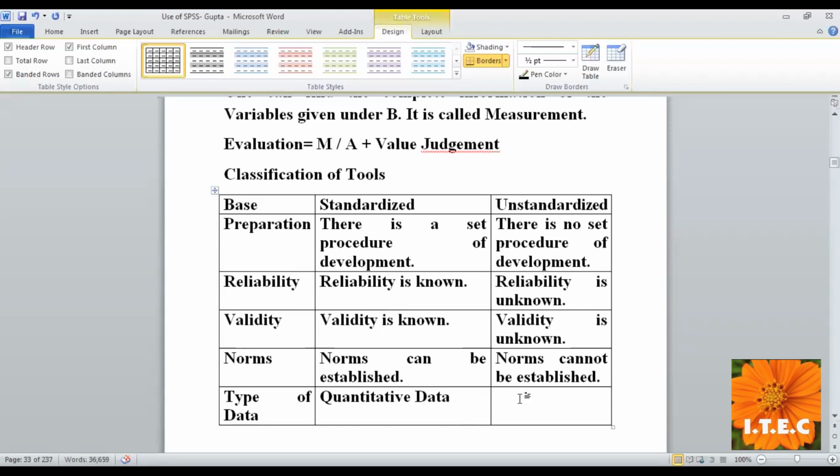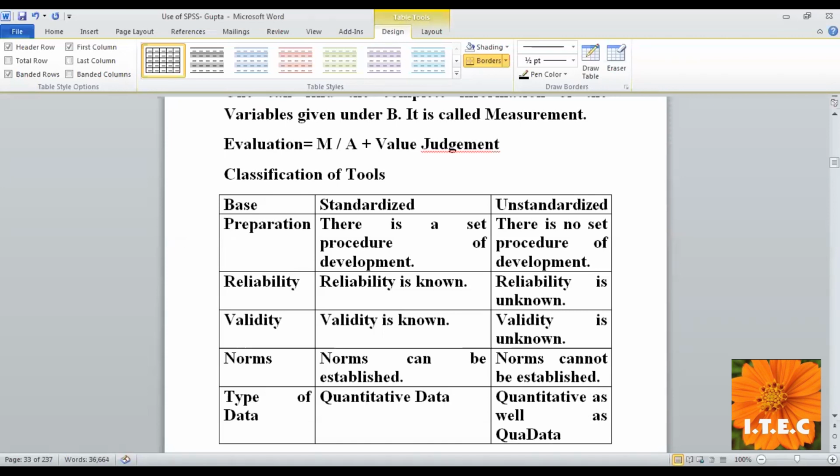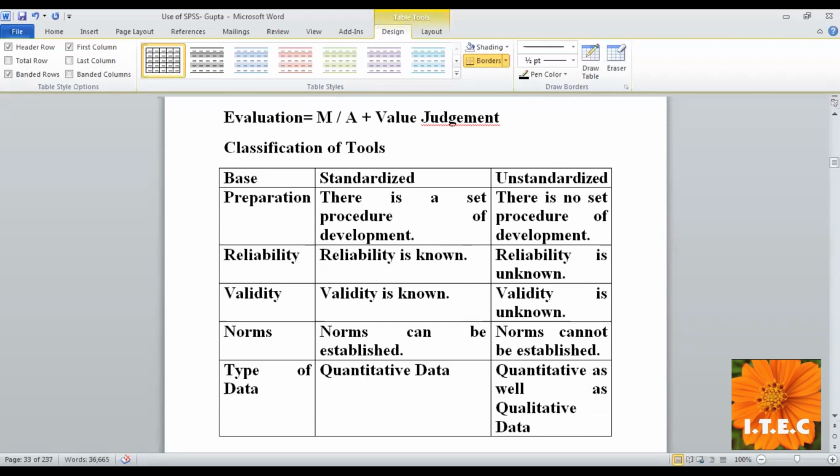And here you may have the quantitative data as well as qualitative data. These are the differences between the standardized tool and the unstandardized tool.